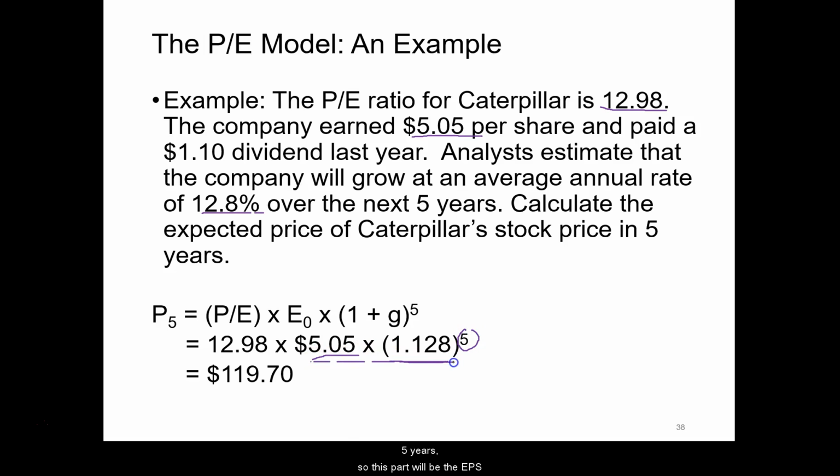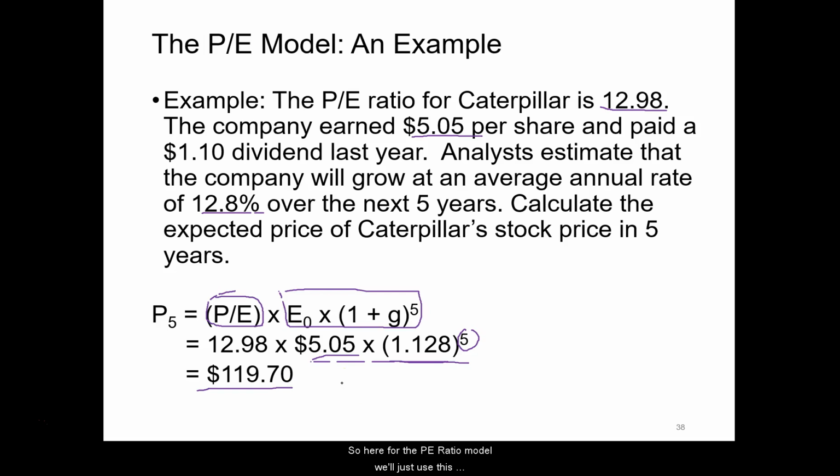This part will be the EPS 5 years later. And if 5 years later the PE is still 12.98, you use the PE multiplied by the EPS, then you get the estimate of the price 5 years later as 119.70.